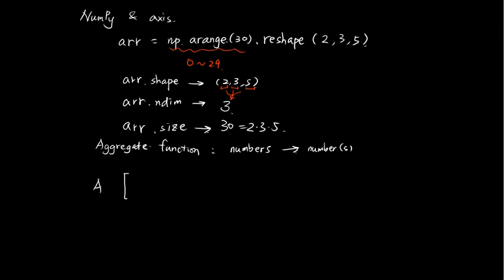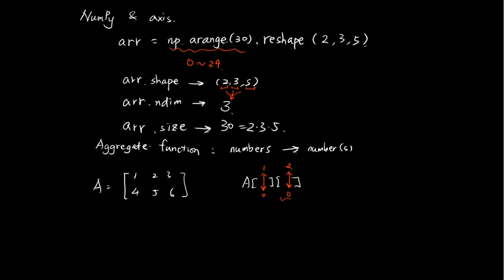So if you have A equal to 1, 2, 3, 4, 5, 6, then you can see A as an array of 2 dimensions. A has 2 dimensions or 2 axes, and these axes have their own range. This one can range from 0 to 1, and this one can range from 0 to 2.